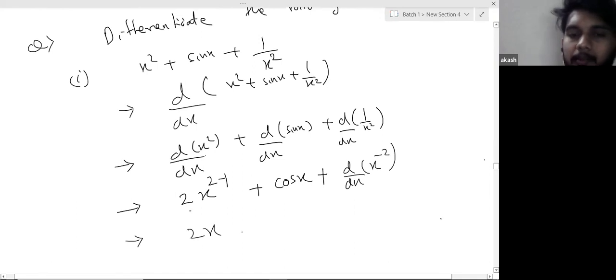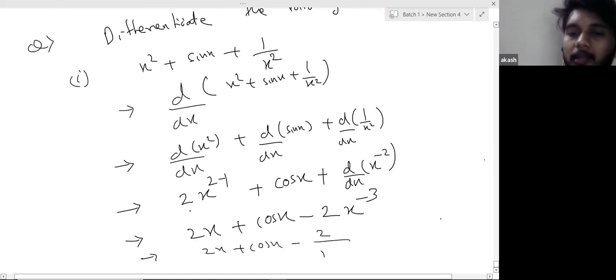So this is 2x plus cos x minus 2 x raised to the power n minus 1, so minus 2 minus 1 is minus 3. This will be your answer: 2x plus cos x minus 2 upon x cube.